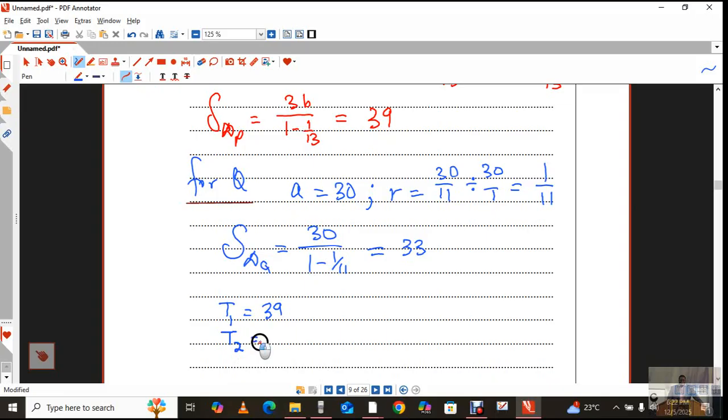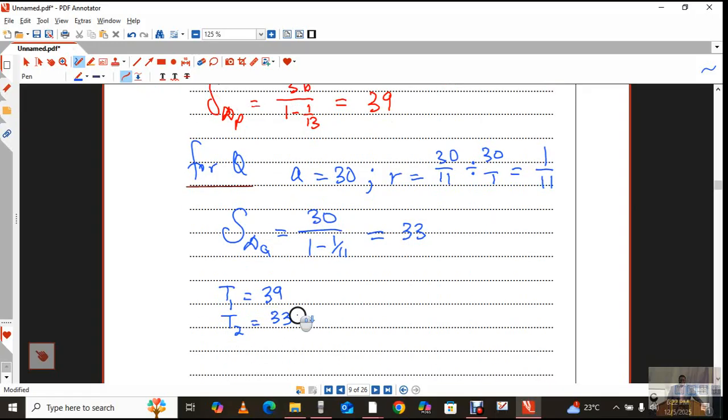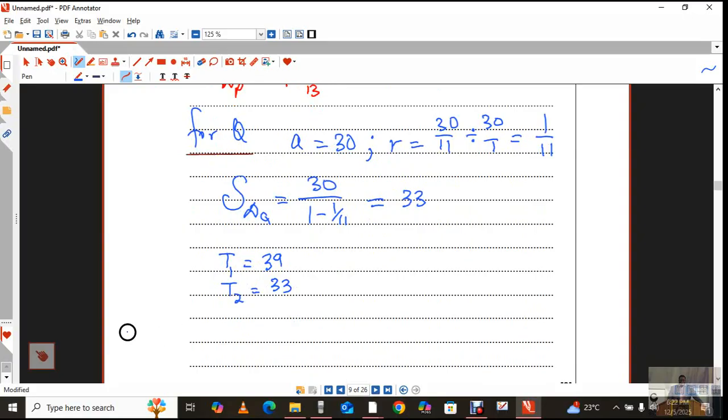Term 2 is equal to 33. So term 3, okay, term 3 will equal R. What will our R be? Now it's very easy. There is a common difference here, which you find by saying term 2 minus term 1, which is the same as 33 minus 39, which is nothing but negative 6.